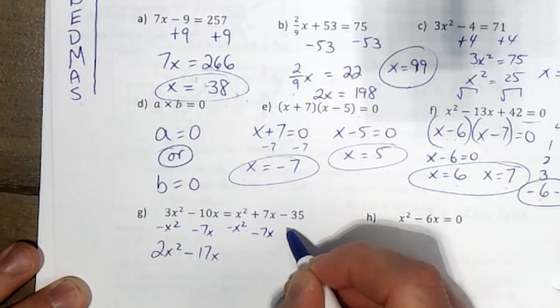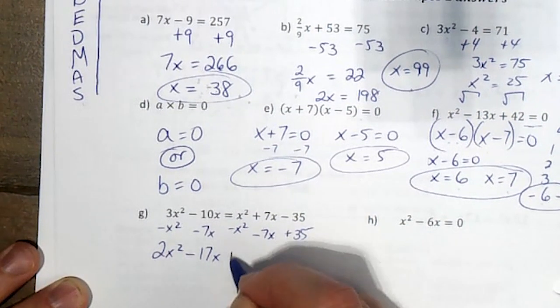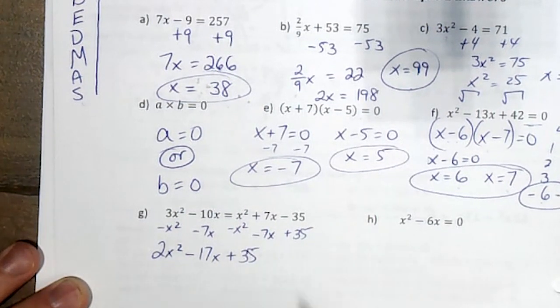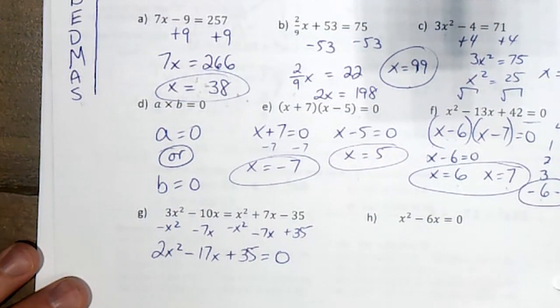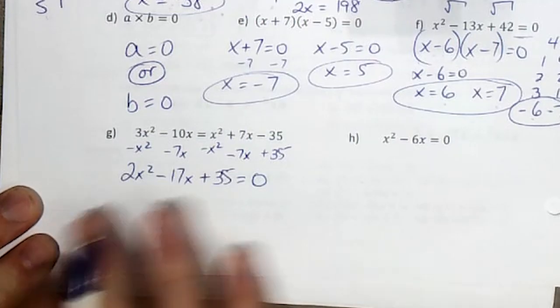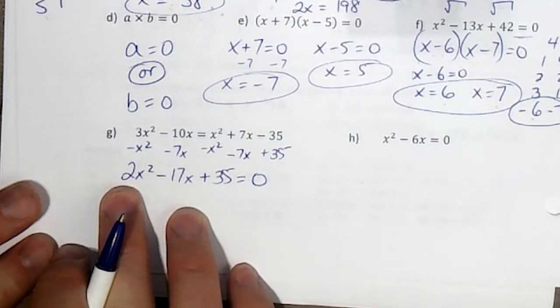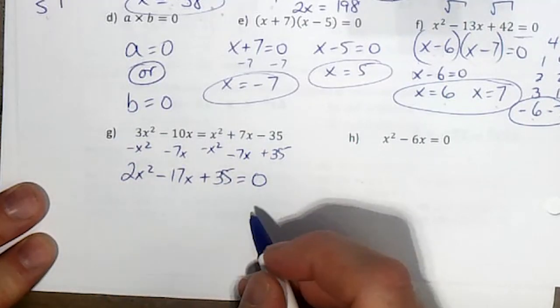And I'm going to add 35. There's no constant on this side. So hopefully you know how to do factoring with the hard trinomials, the numbers in front of x squared. I'm just going to start with that.